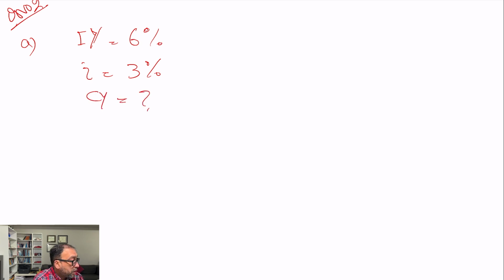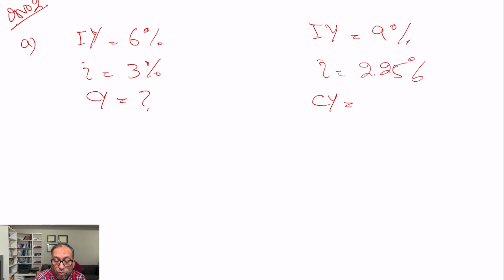In the second question as well, IY, how much is the IY? 9%, and I is 2.25%, and CY we want to find out. So what is the formula saying?